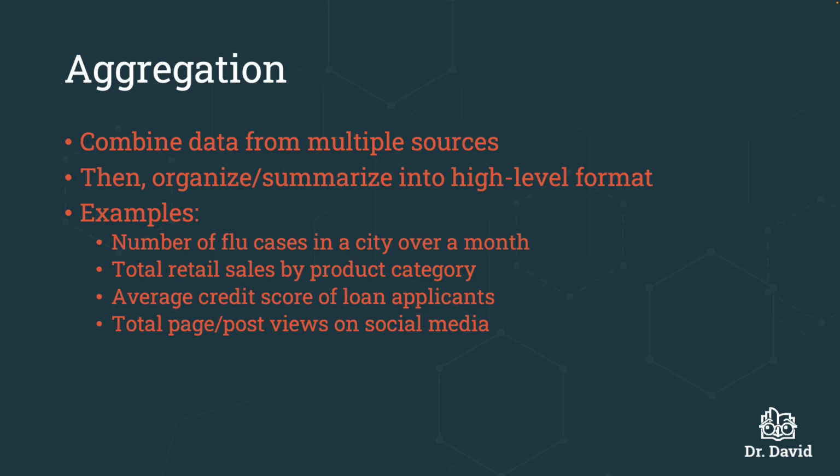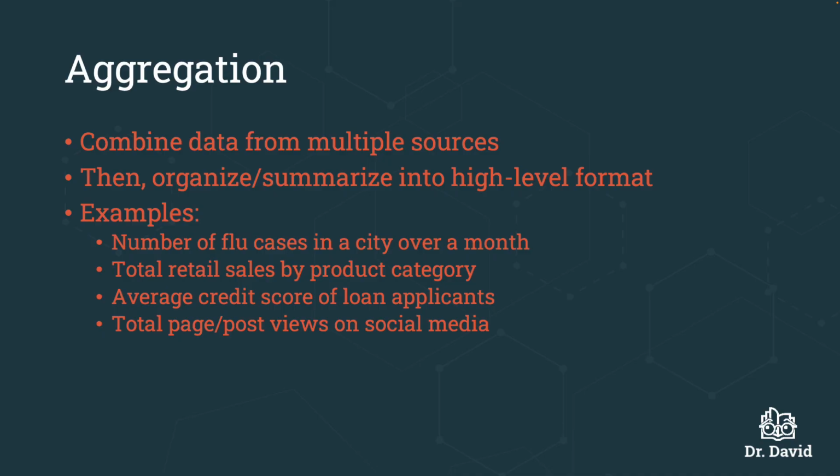Now, with regards to aggregate data, this is where we are combining data from multiple sources. Then we organize or summarize that into a high-level format. Examples include taking all of the number of flu cases in a city over a month. We may be able to say that, all right, well, in this city for the month of November, we had 150,000 flu cases.